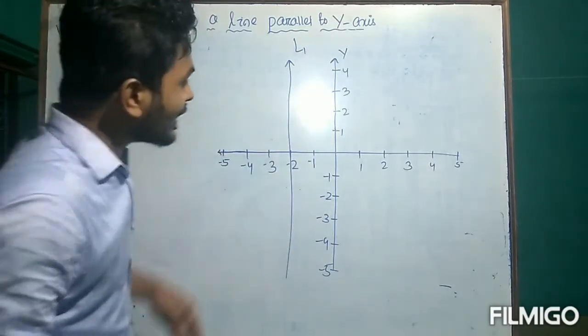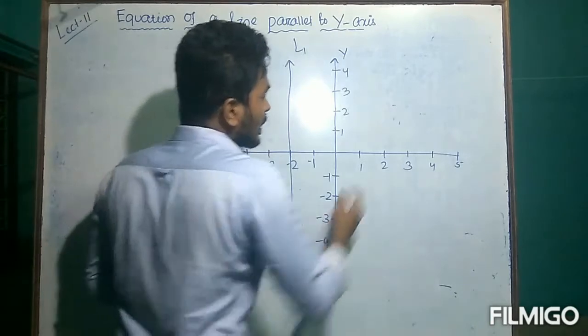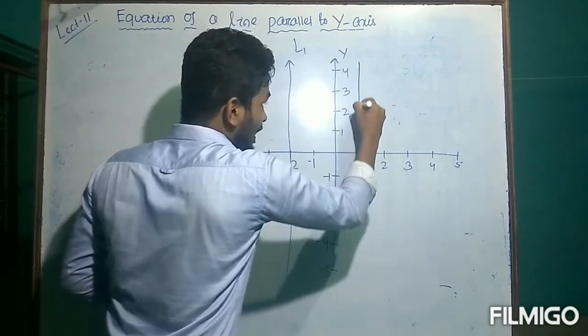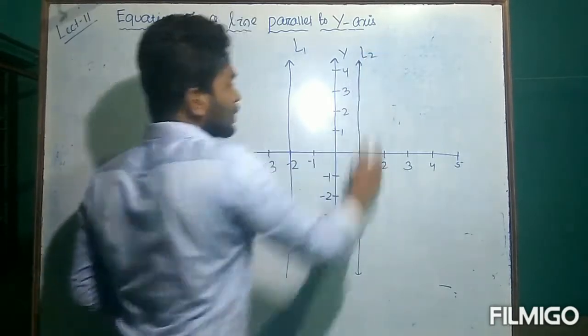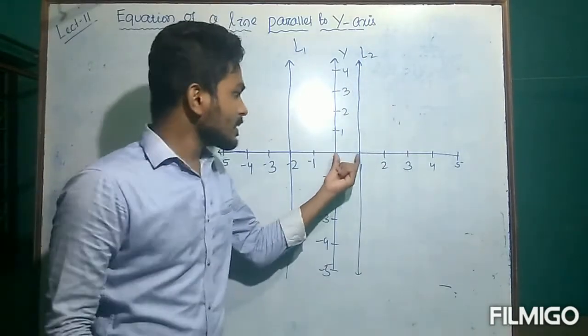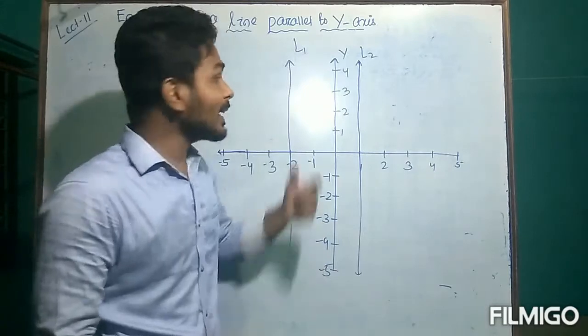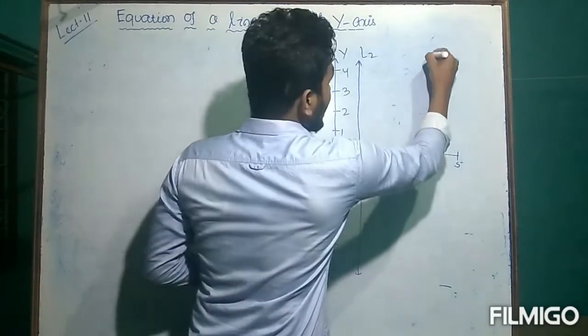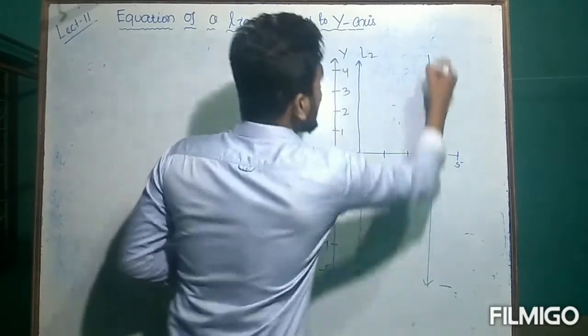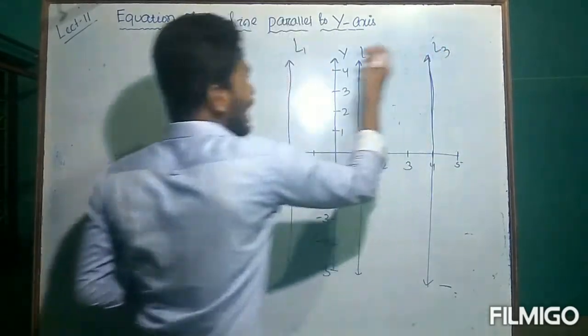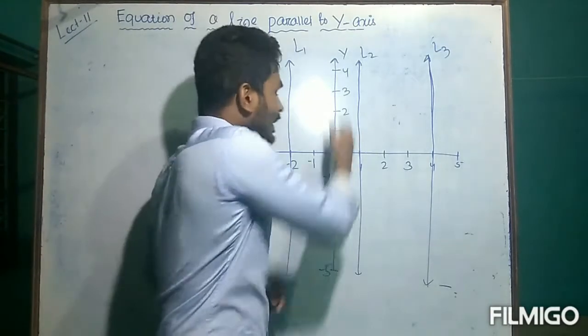Let us take one more line towards the positive direction. Suppose I choose a line here and name this line L2. This line is also parallel to the y-axis. You can take one more line here. Suppose I draw line L3, and this line is also parallel to the y-axis.